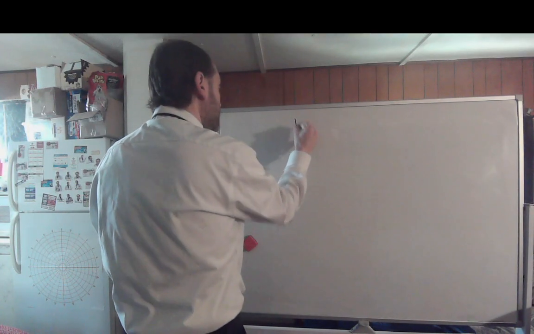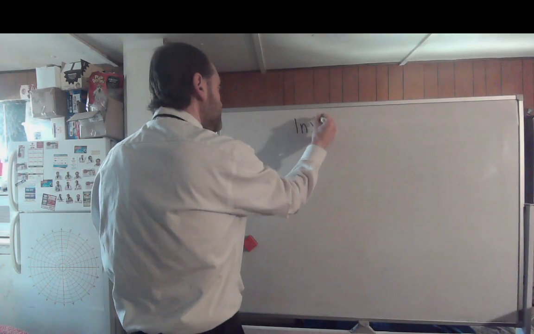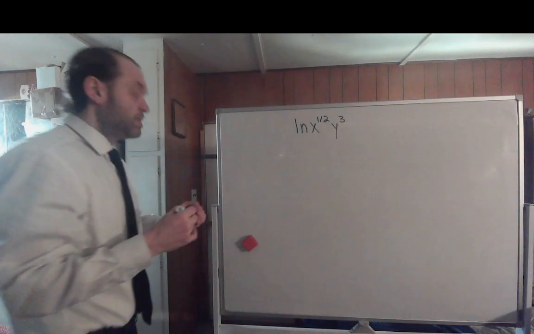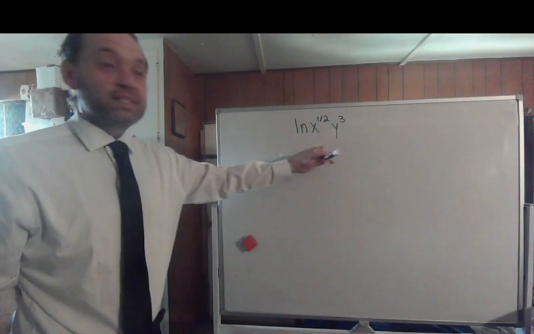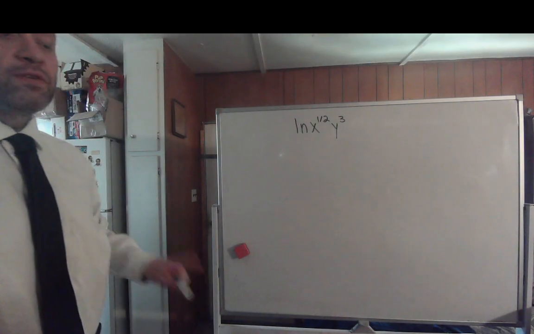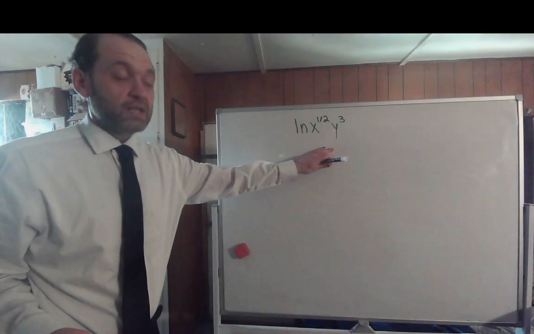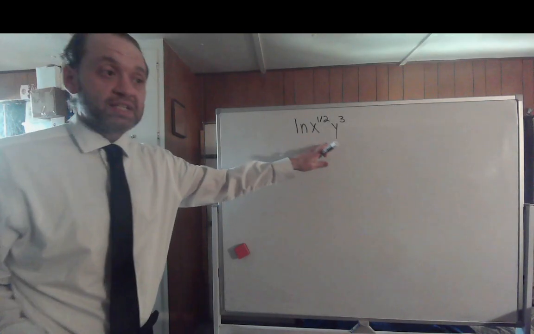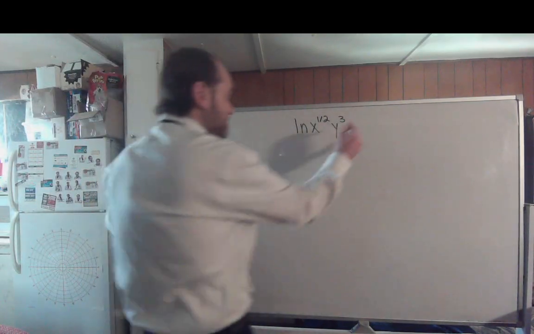Alright, we have the ln of x to the 1/2 y to the third. Well, first we treat this as a product. Yes, we're going to have some power properties. That should be obvious. But first, let's deal with the product component of this.